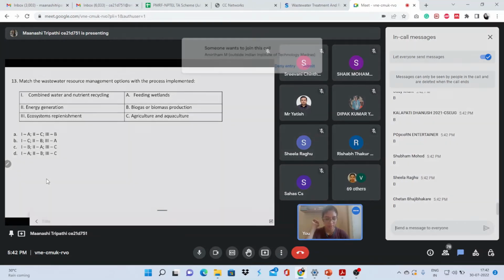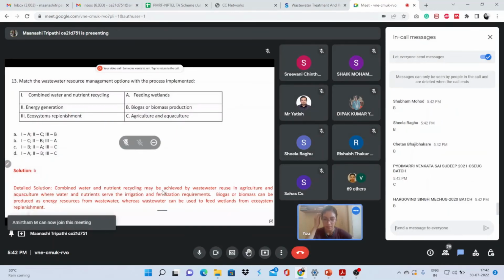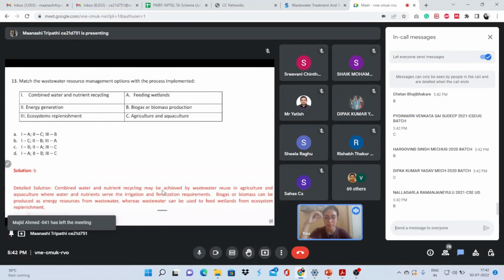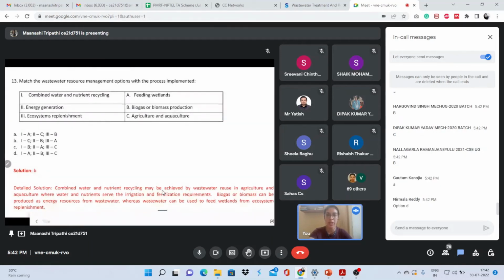Good. So yes, the solution is B. Energy generation is pretty much obvious: biogas is equal to energy generation. For combined wastewater and nutrient recycling, agriculture: if we still have nutrients in our wastewater, we can divert it to agriculture and aquaculture.